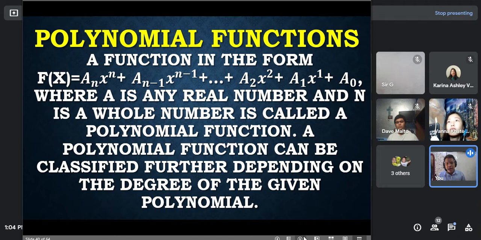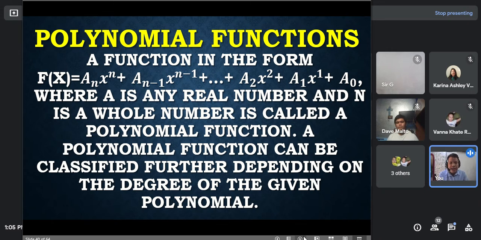Pakibasa nga dito, hindi mamaya. When we say polynomial function, a function in the form of f of x, where a is any real number and n is a whole number, is called a polynomial function. A polynomial function can be classified further depending on the degree of the given polynomial.